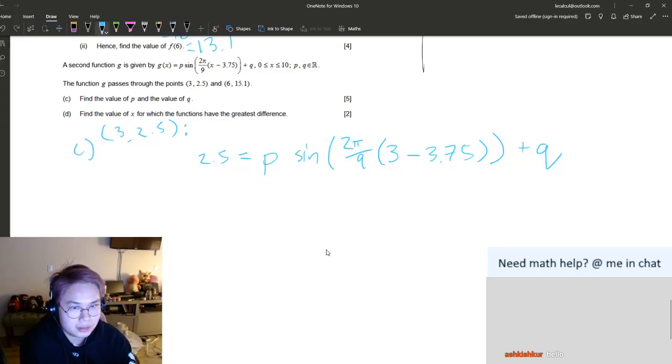Wow. So this is going to be negative 0.5 p plus q. And then we do the exact same thing. We plug in the second point to get a second equation.